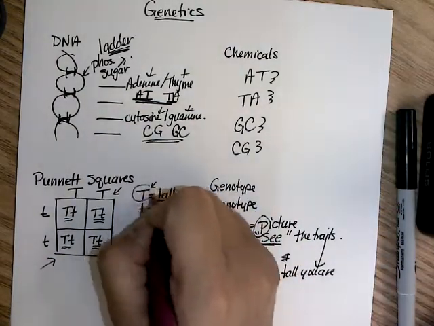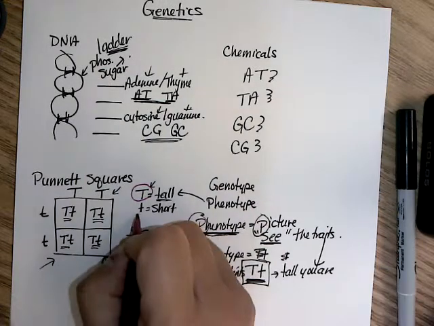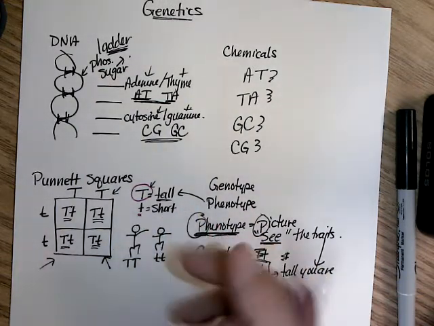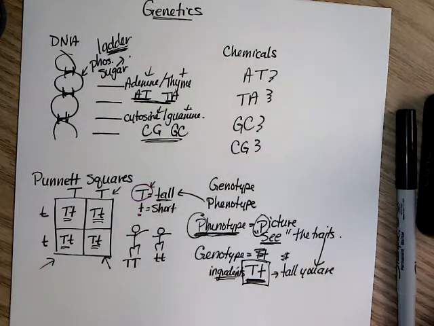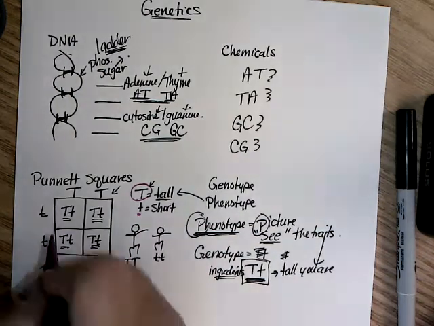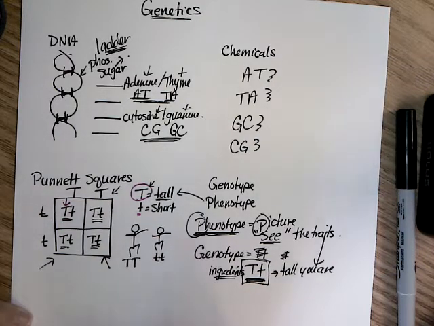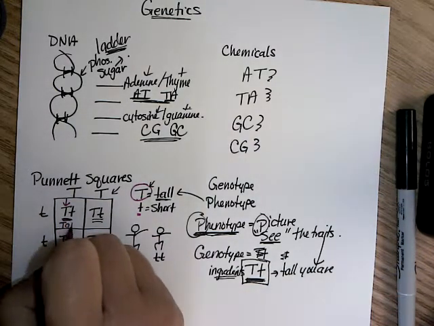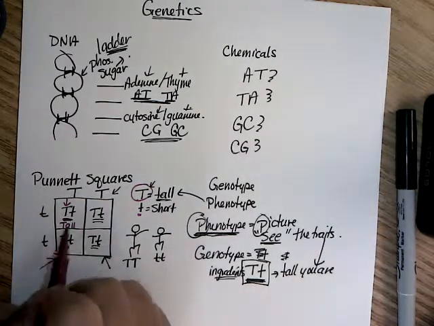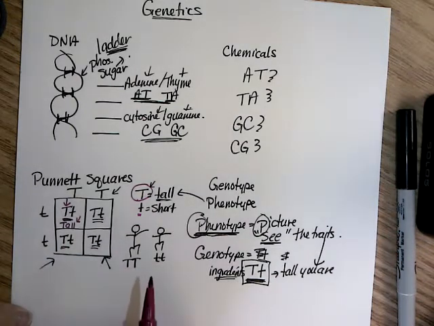Remember, big T is dominant. Little t is recessive, meaning it's going to hide behind the big T. Big T is always going to show up. Big T is always going to be your phenotype. It's what you're going to see. So if I look at this one, oh, I have a big T. That person's going to be tall. Phenotype.